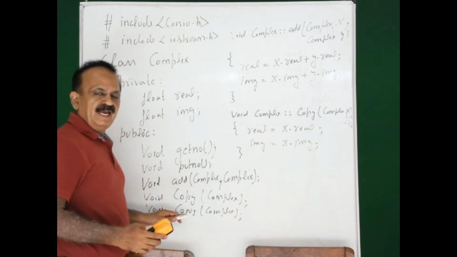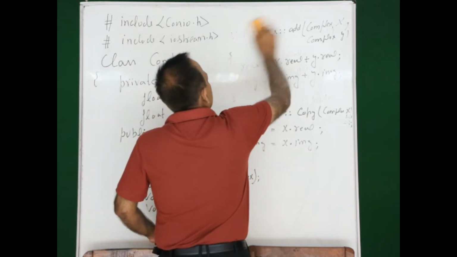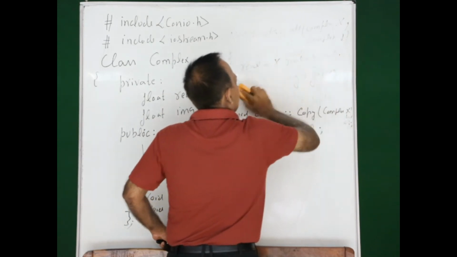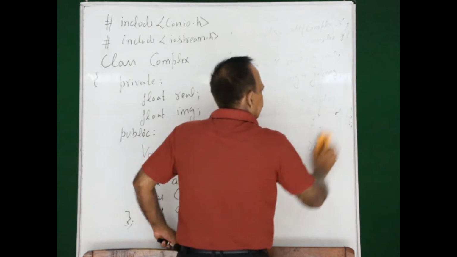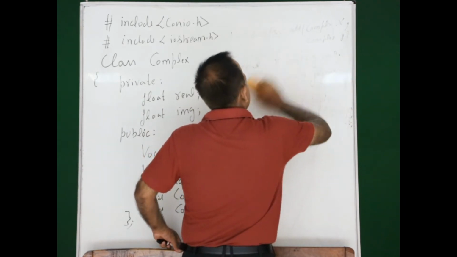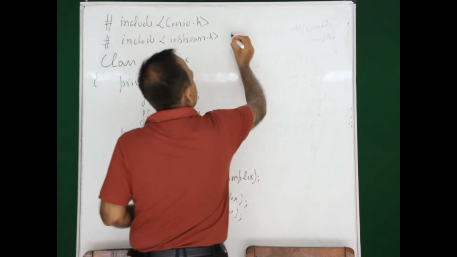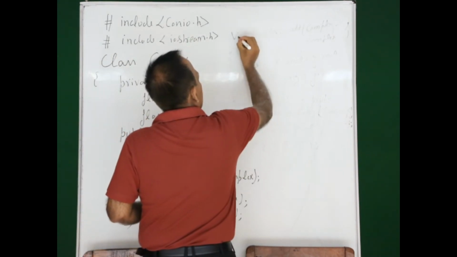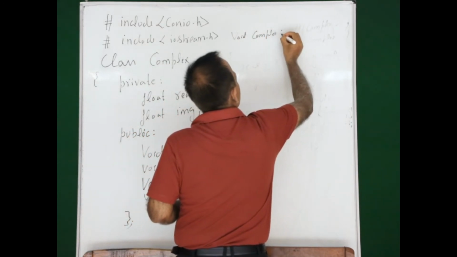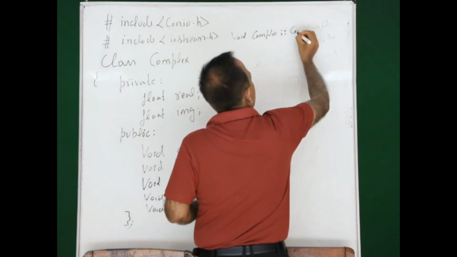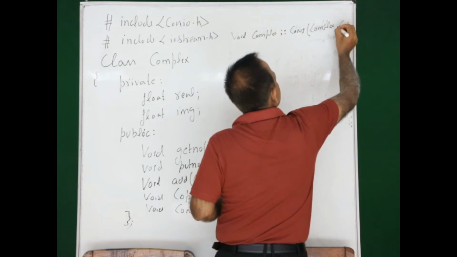The last function is conjugate. On similar lines, with the same logic, I can define this particular function. It is void, that means no value is returned. Then it is the class name, that is complex, scope resolution operator, conjugate, and in brackets complex x.